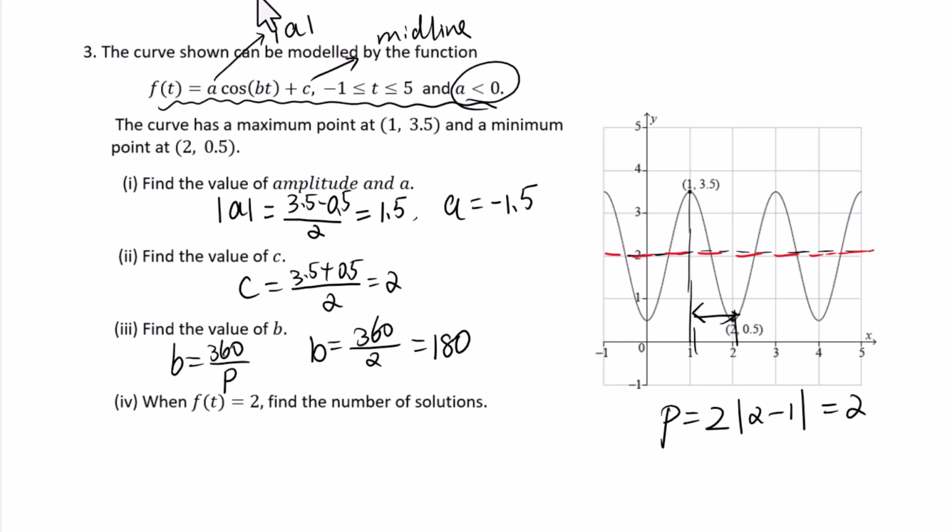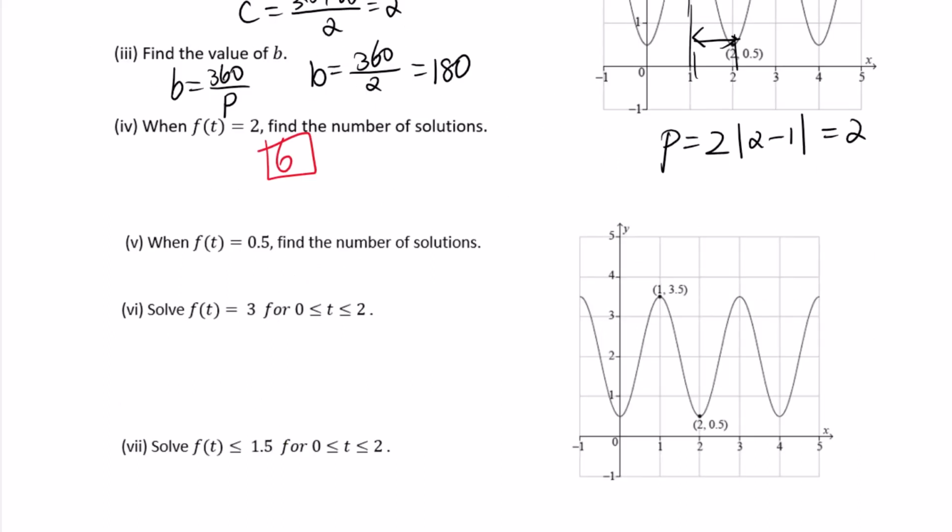Since t is greater than or equal to -1, less than or equal to 5, how many intersections we have on the graph will be the number of solutions. 1, 2, 3, 4, 5, 6. Answer is 6.